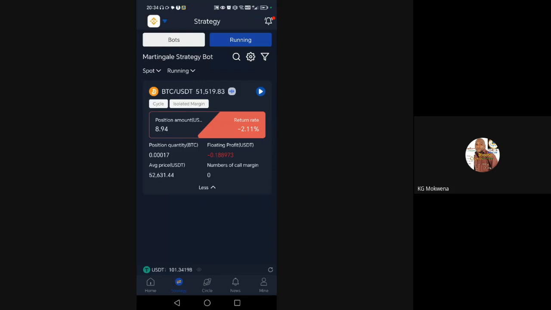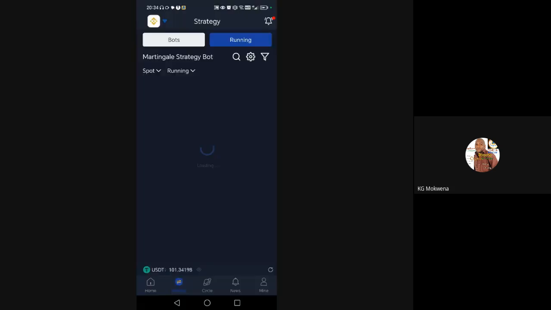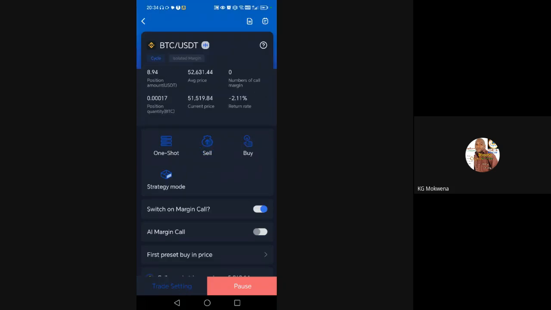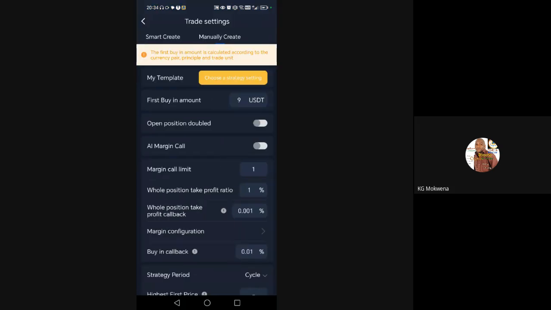Now click again, go back to the page where you clicked, just below the red area. Yes, we are on the transaction page. At the bottom left, you can see trade setting, next to the post. Yes. So now this is the trade setting page.